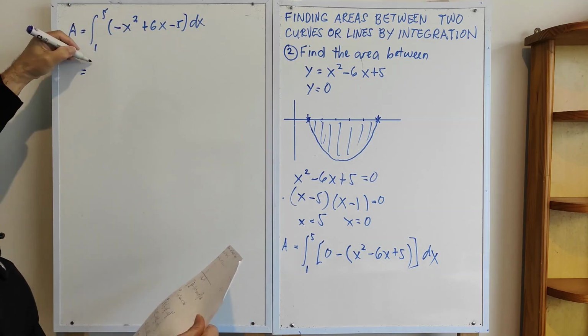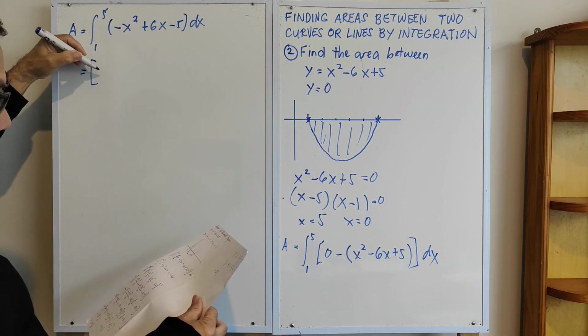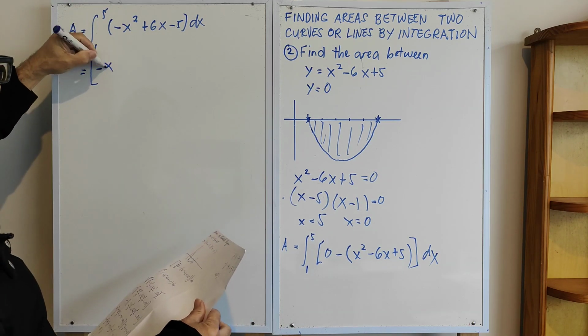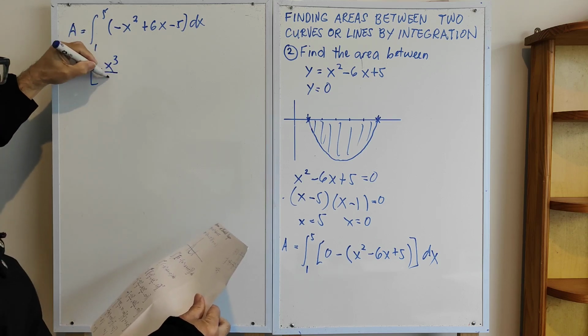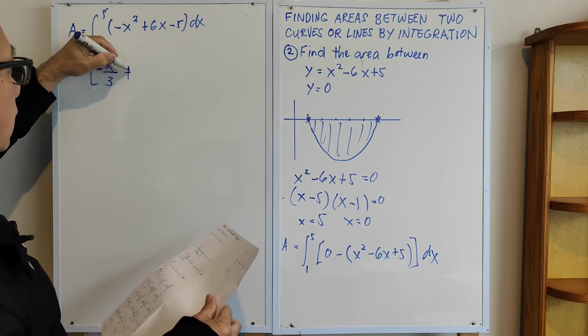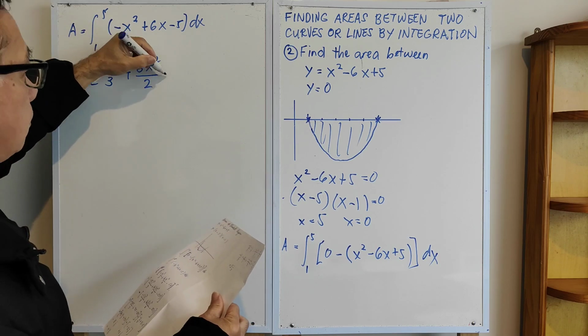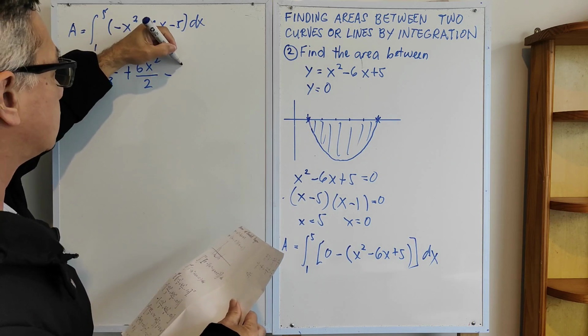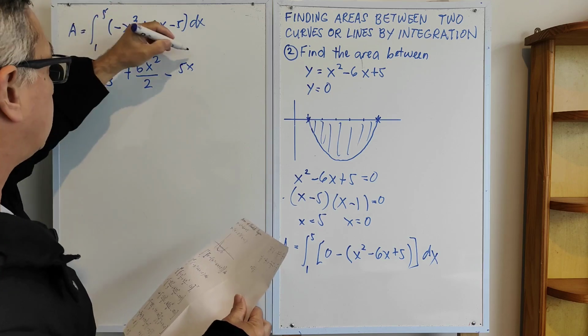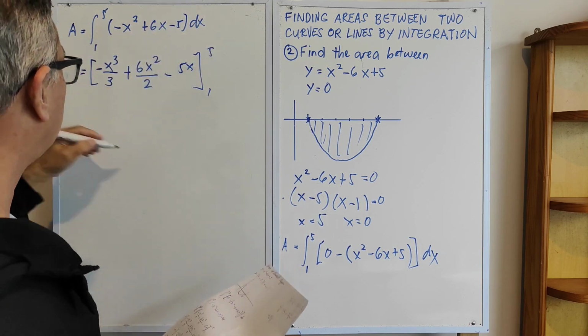Integrating this one, it would be negative x cubed over 3 plus 6x squared over 2 minus 5x, evaluated from 1 to 5.